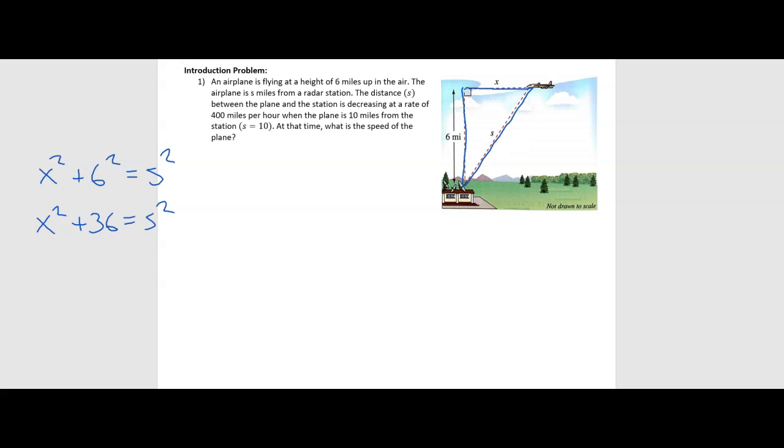Now, they do give us another useful piece of information. It says the distance between the plane and the station is decreasing at a rate of 400 miles per hour when the plane is 10 miles from the station. So they're basically telling us how this distance right here is changing.